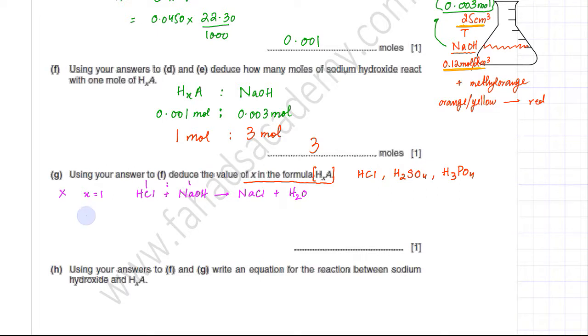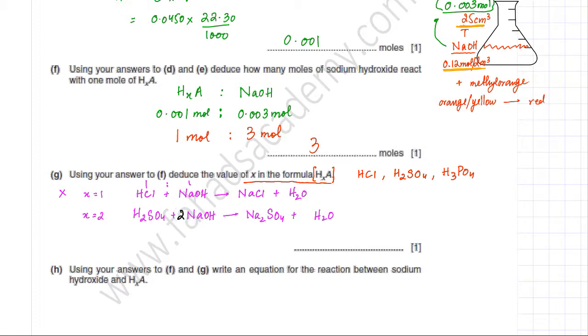So let's think of X as being equal to 2. The acid that comes to my mind is sulfuric acid, which is H2SO4. If H2SO4 reacts with NaOH, it would produce Na2SO4, sodium sulfate, where Na is +1 and SO4 is 2-, plus a water molecule. To balance this reaction, I need to multiply, because there are 2 Nas over here.